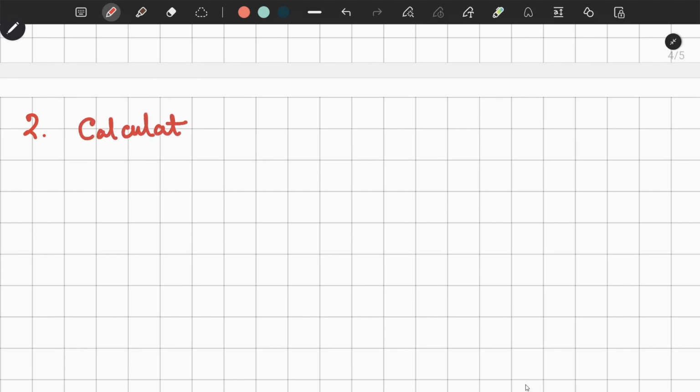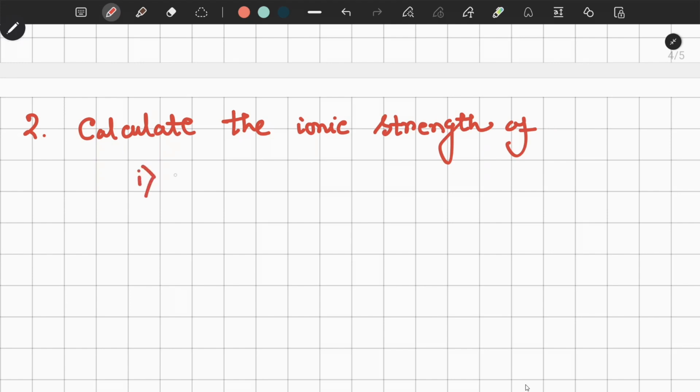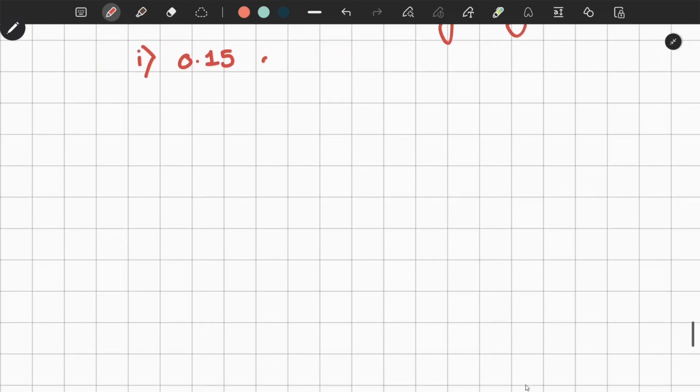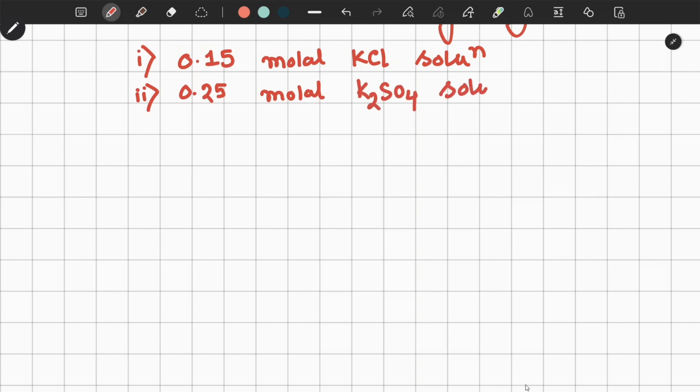Calculate the ionic strength of, first, 0.15 molar KCl solution; 0.25 molar K2SO4 solution; 0.2 molar BaCl2 solution.